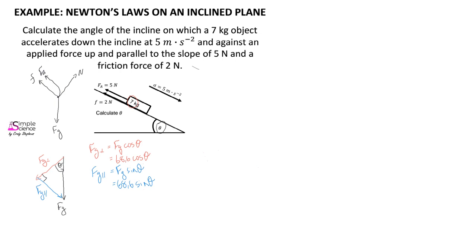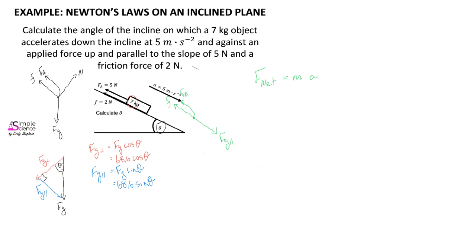What we can now do, though, is say that since this object is accelerating down the slope, there must be a net force acting on it by Newton's second law, and that net force is calculated by taking the parallel component of gravity, that is the only force that is pulling this object down the slope, and seeing that there are two forces that are pulling this object up the slope, those being friction and the applied force.